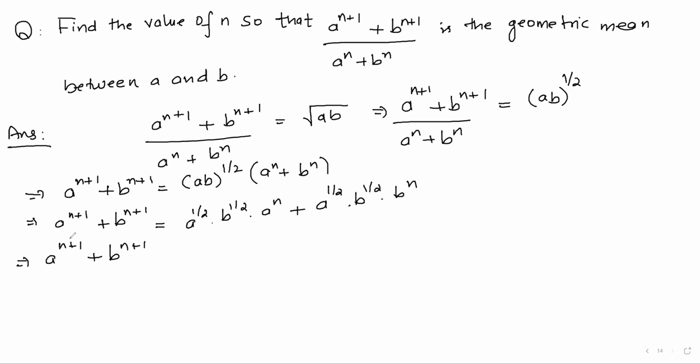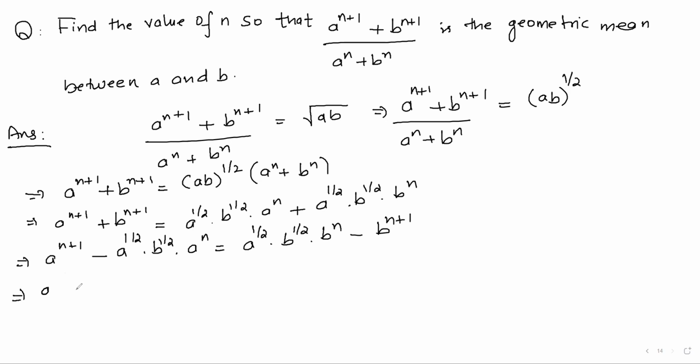Okay, then at this side we have a to the power n. Here we have a to the power 1. So we'll shift this complete to the left side. Here we have b to the power n. So we'll shift this to the right side. So this will give us a to the power n plus 1 minus a to the power half, b to the power half, a to the power n is equal to a to the power half, b to the power half, b to the power n minus b to the power n plus 1.